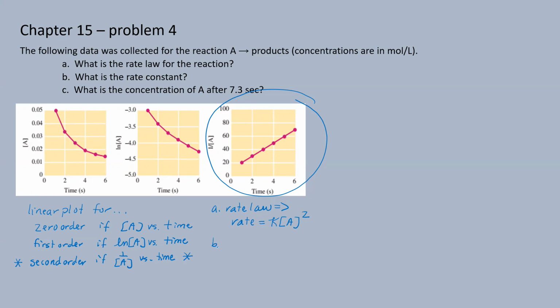Part B, what is the rate constant? Well, we can get the rate constant from the equation of the line.